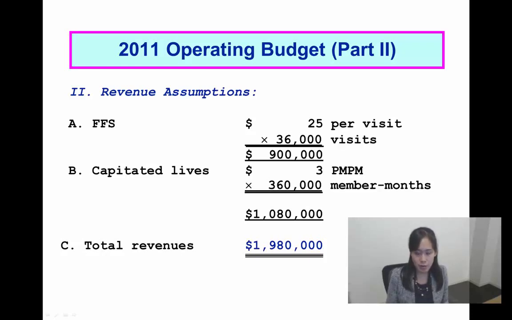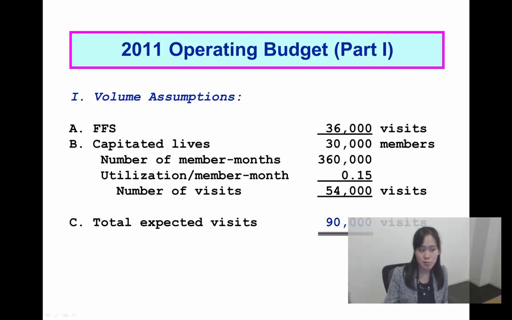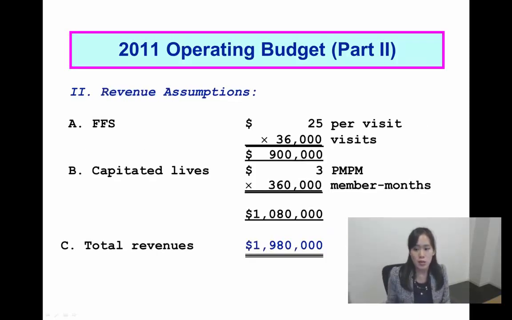From the previous slide, we know that there's 30,000 members expected. So 30,000 times 12 is 360,000 member months. From the capitated lives, we expect a revenue of $3 per member month times 360,000 member months, giving us a total of $1,080,000. Now, you just add the revenue from the fee-for-service patients together with the revenue from the capitated patients to get total revenues of $1.98 million.